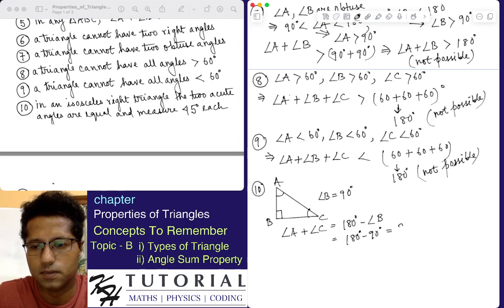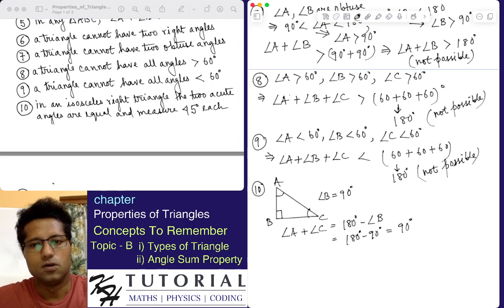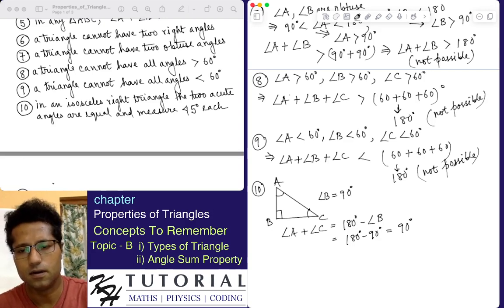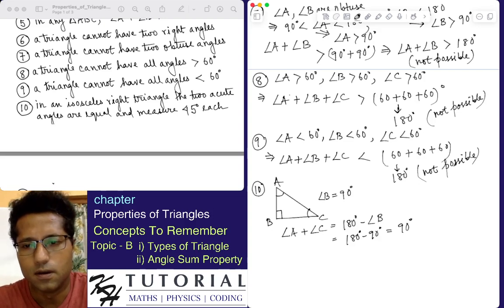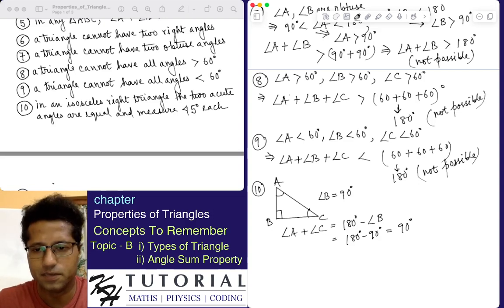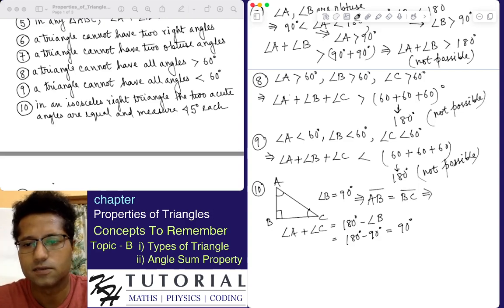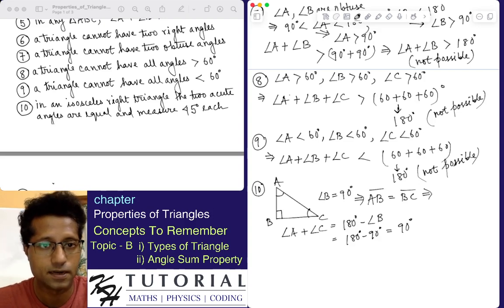So this is coming to be 90 degrees. And since angle A and C will also be equal, in this scenario, if angle B is 90 degrees, then it has to be the case that AB is equal to BC.